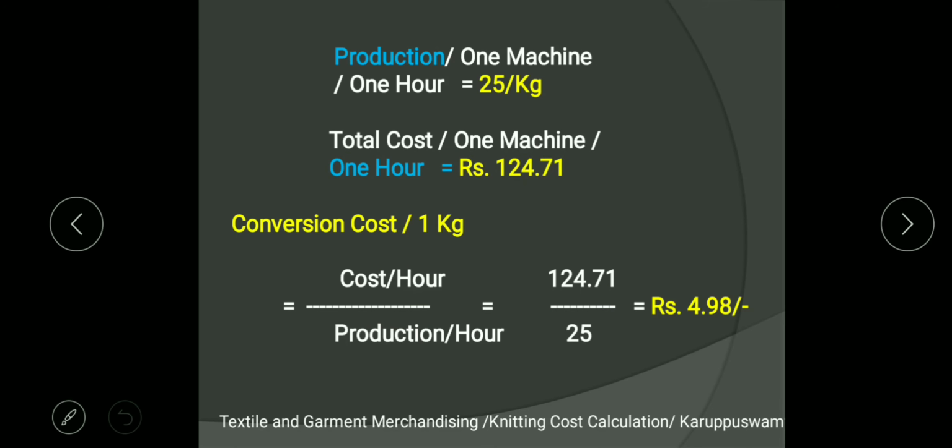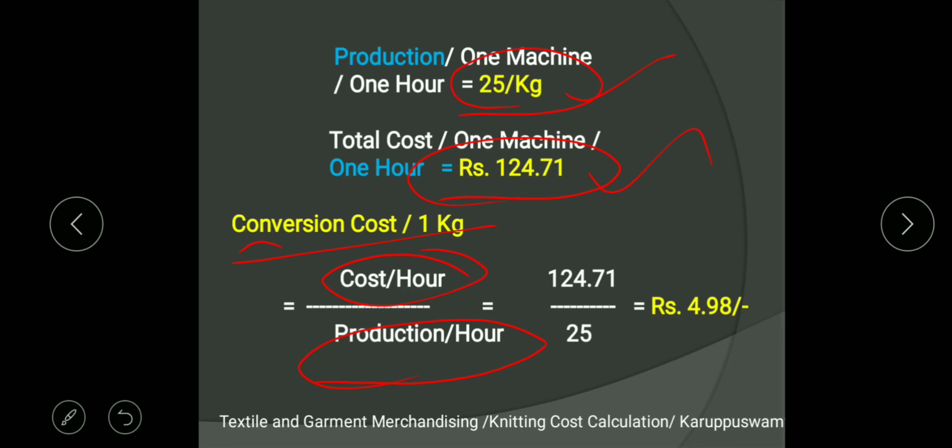So the production for one machine per hour is 25 kg, and then the total cost incurred to run a machine for 1 hour, that also will be around 124 rupees. So this is the base to calculate the knitting price. So for 1 hour you are spending 124 rupees, and in 1 hour you will get around 25 kg of output. Then the conversion cost will be cost per hour divided by production per hour.